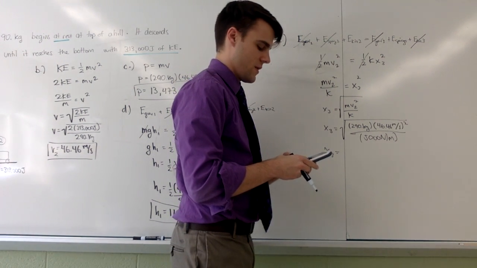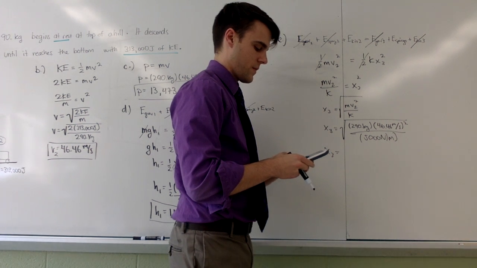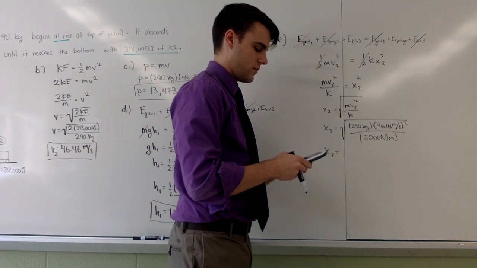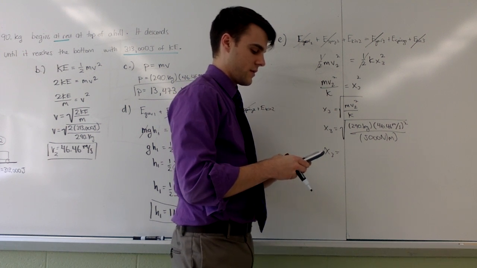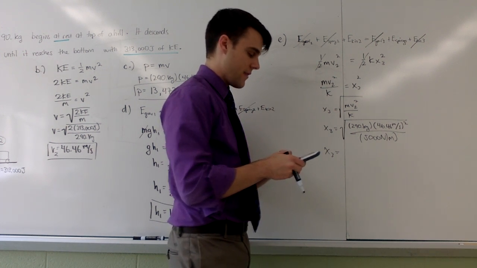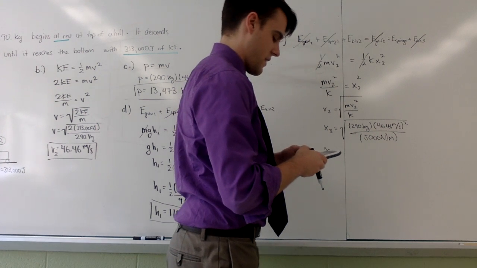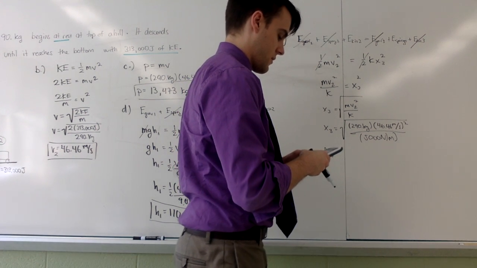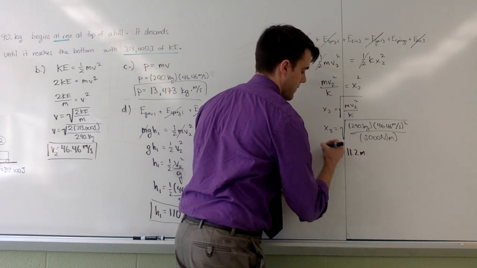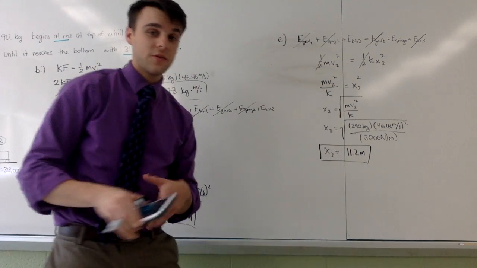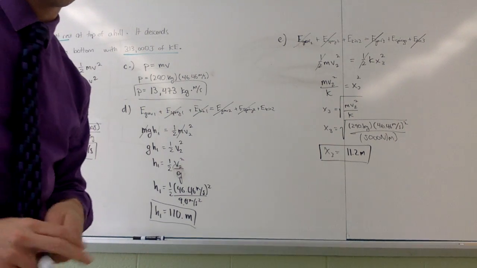Let me try that again. Divided by 5,000 is about 125, and the square root of 125 is about 11.2. So please rewatch this tutorial if you have any questions for short answer number 1.